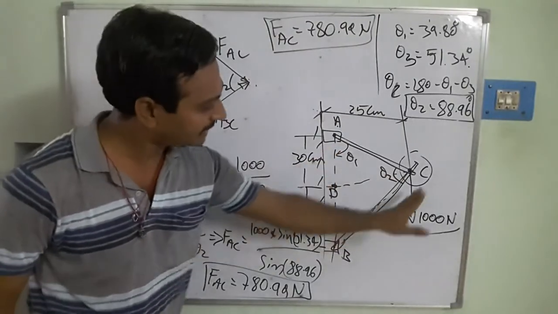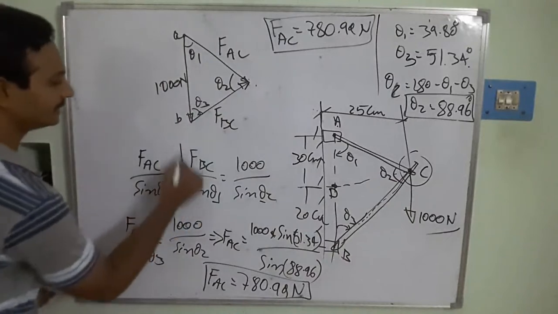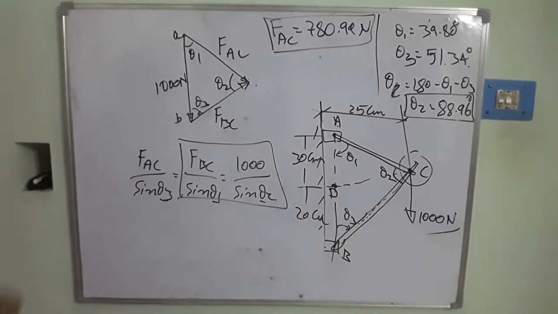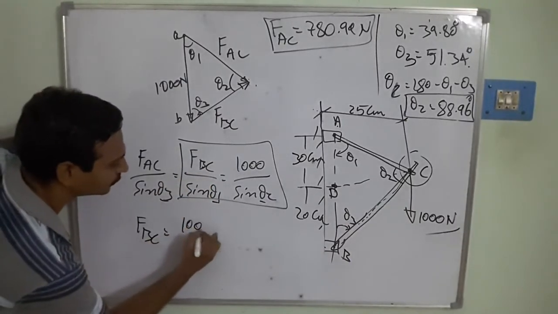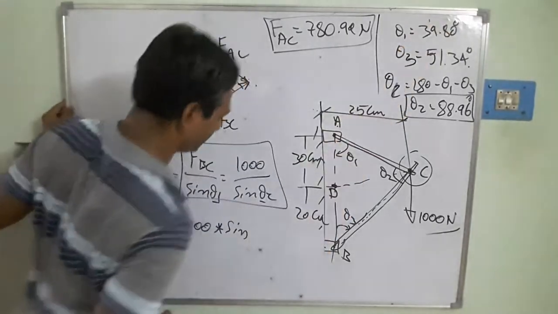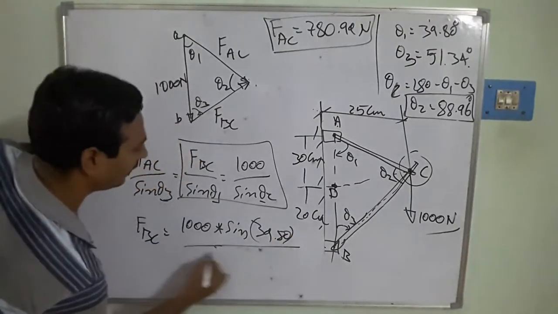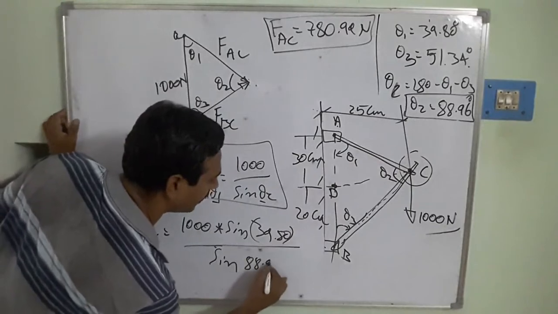Then what is the force developed in the BC? So we are going to take these two again and compare them. From this, FBC is equal to 1000 into sine theta 1. Theta 1 is how much? That's 39.8, divided by sine theta 2, which is 88.96.